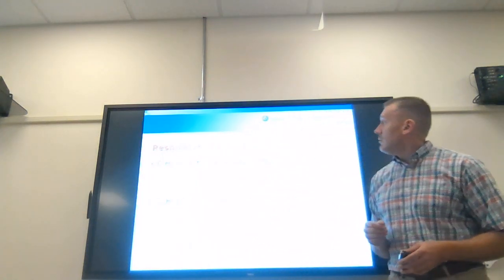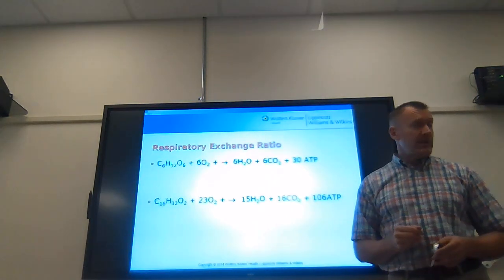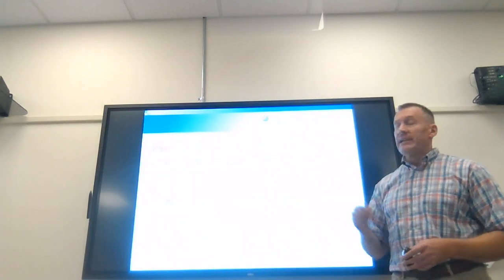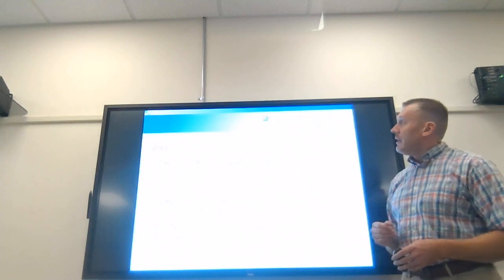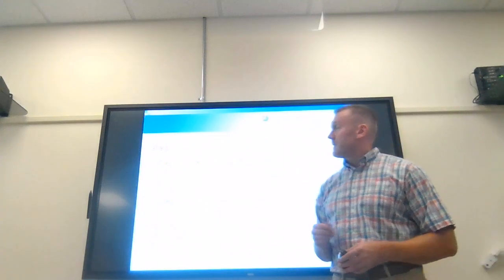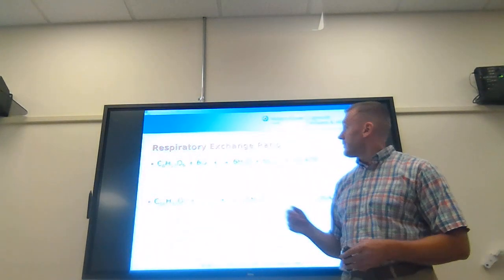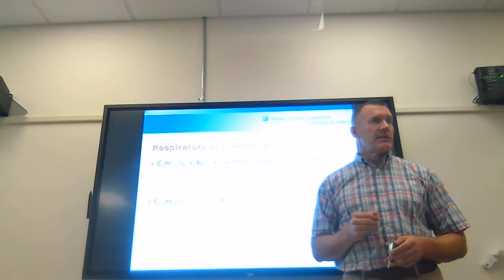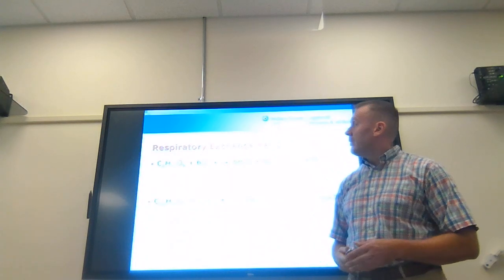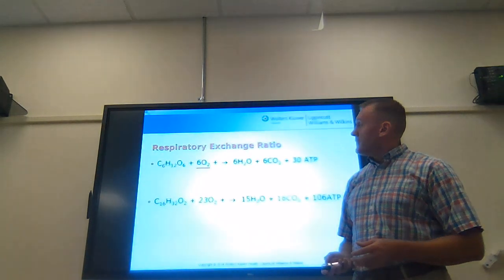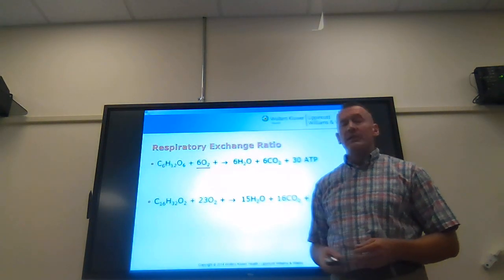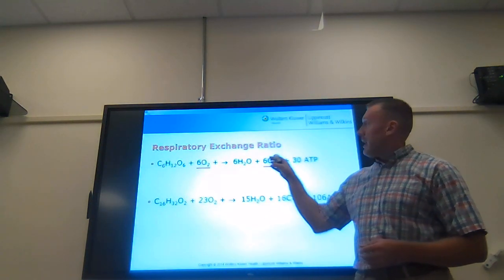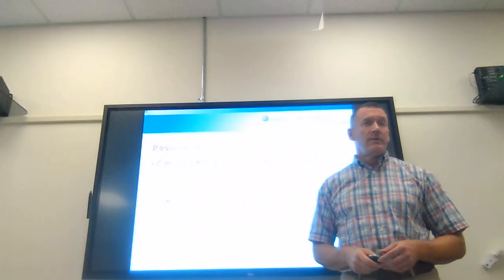On the other side, as we studied before in chapter 2, we get 30 ATP out of that. We produce 6 water molecules, but we also produce 6 carbon dioxide molecules. So this represents the amount of O2 consumed and the amount of carbon dioxide produced.